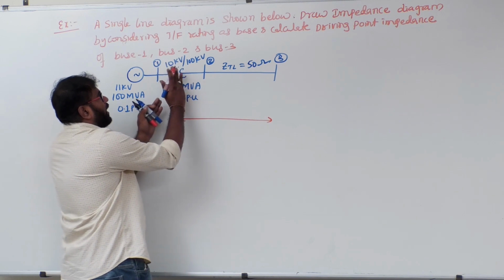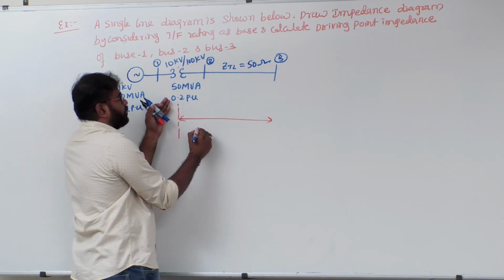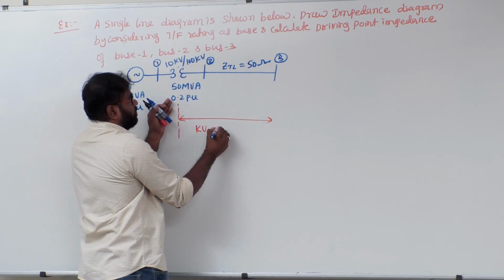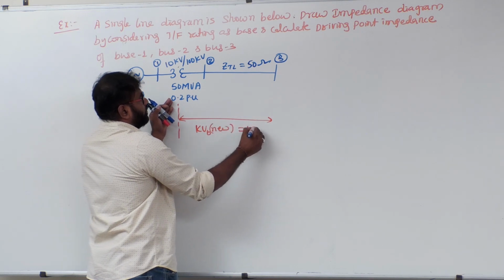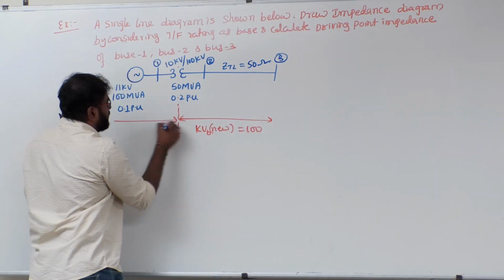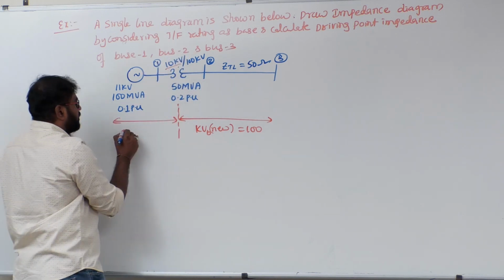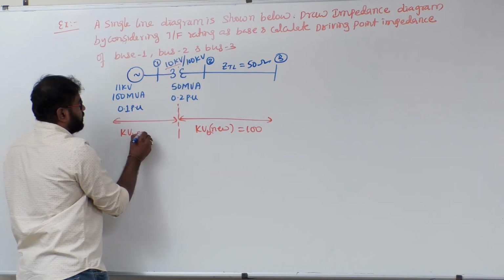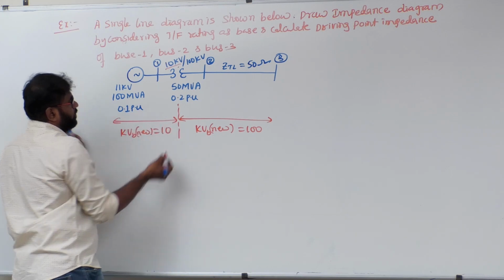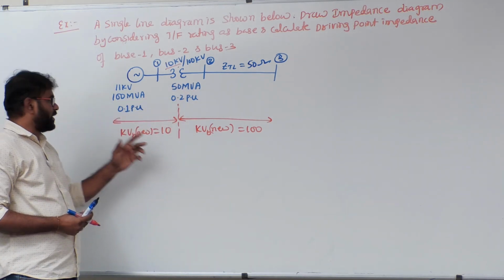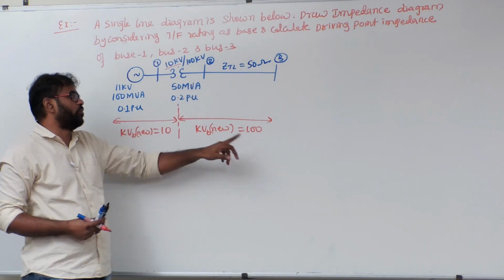So what is the high voltage side rating? 100 kV. That means the KVB new on this side is 100. Transformer rating is clearly mentioned as base. What is the KVB new on the other side? 10. So low voltage side KVB new is 10, high voltage side KVB new is 100.